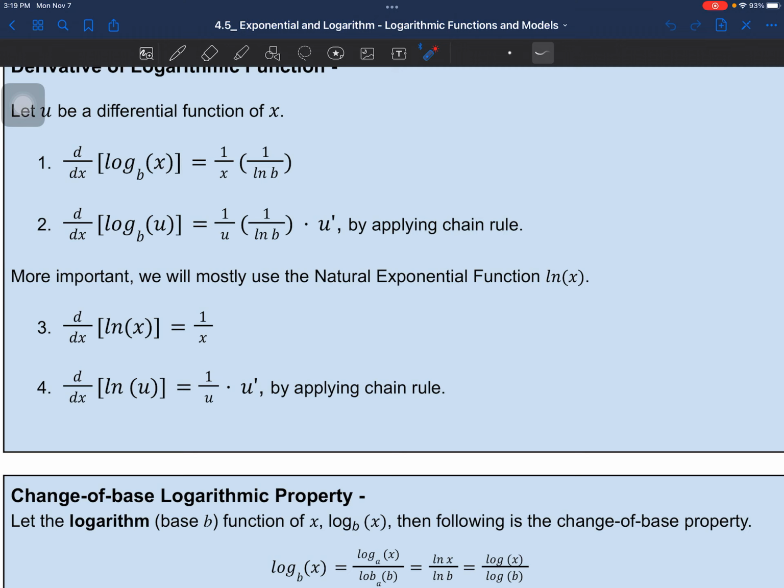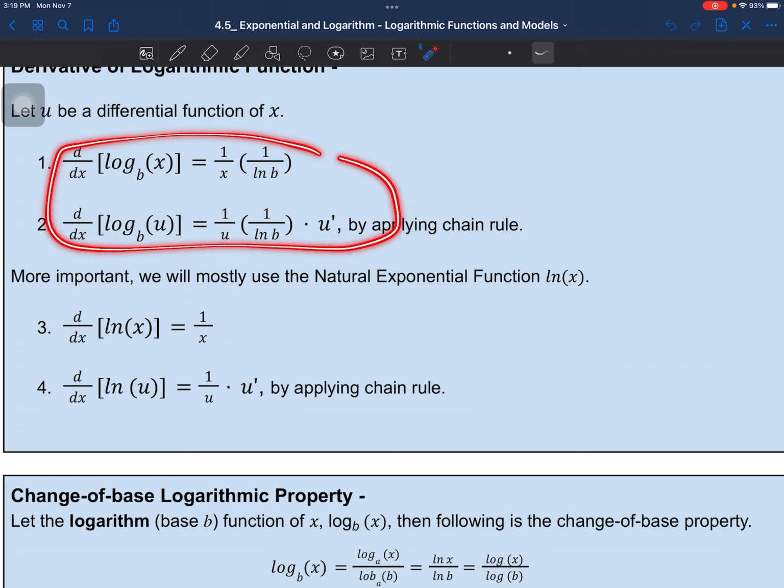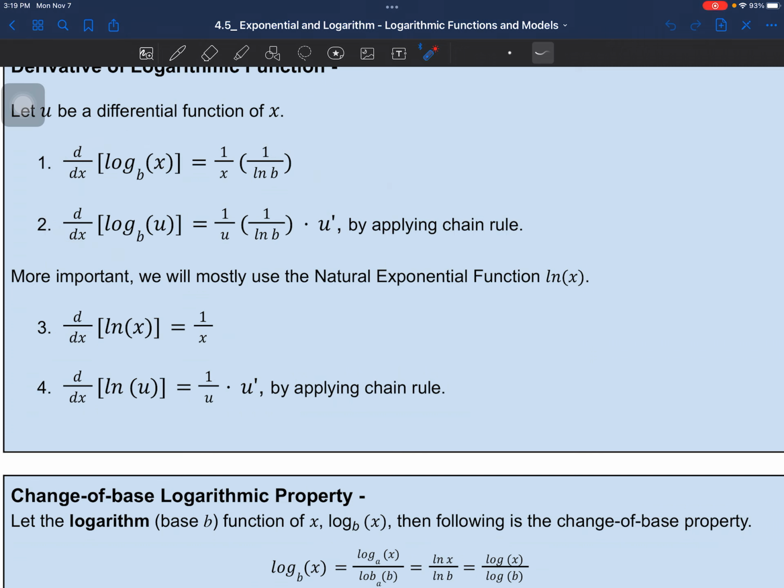More important, we actually focus a lot in using the natural logarithmic function, that is ln of x. So if I ask you to find the derivative of ln of x, we actually have a more tailored rule for this, but nonetheless it does come from here, and I'll show you guys that in a second.